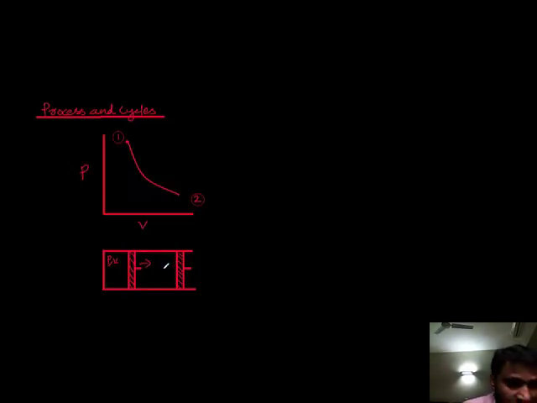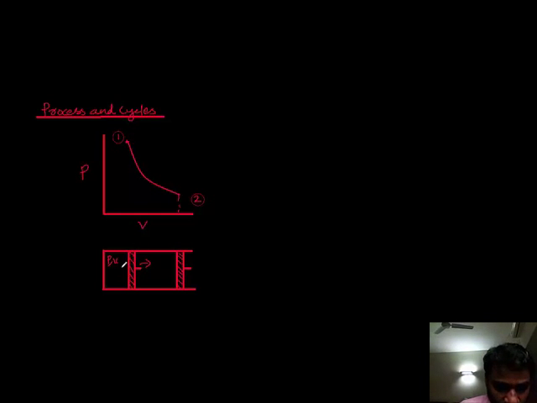What will happen? The pressure will come down. As you see here, the pressure has come down and it has reached the other set of properties, which is at state 2. So the corresponding volume is this one. What happens to the volume?